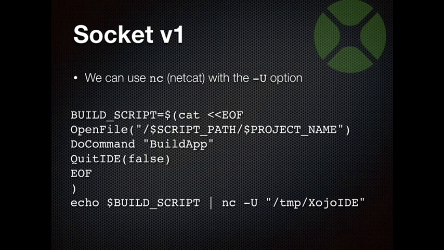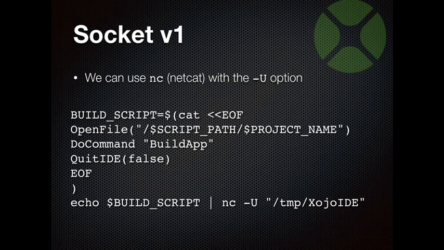What it does, if you look at the bottom here, is take whatever the content of my variable here, build script, which is open file for that project, do the command build app, so that's your Xojo script, and then quit the IDE without saving. So that's my script. I'm just echoing it to Netcat, and here it goes.